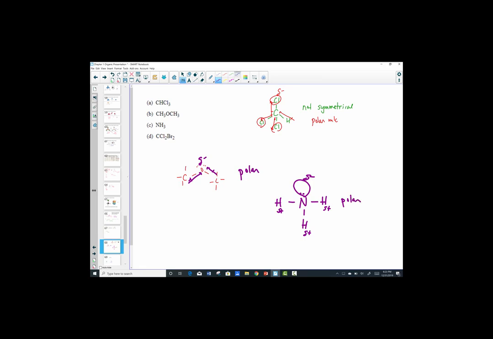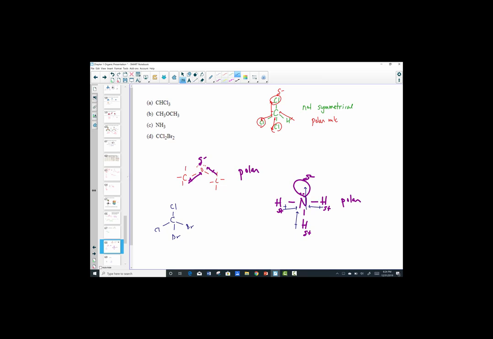In terms of bond polarity, nitrogen, being the more electronegative element, is pulling the electron density towards itself and being pulled up towards the electron pair. And the last one, I have carbon attached to 2 chlorines, attached to 2 bromines.